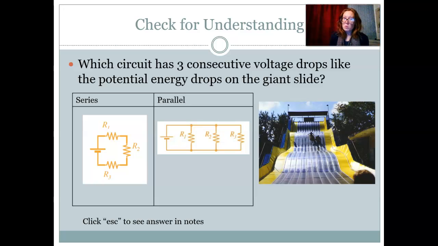So which circuit has 3 voltage drops in a row like that giant slide? Is it the series or the parallel? Okay, so you can go check that out by hitting escape in the PowerPoint, or you can open the edit mode to see the answer to that.